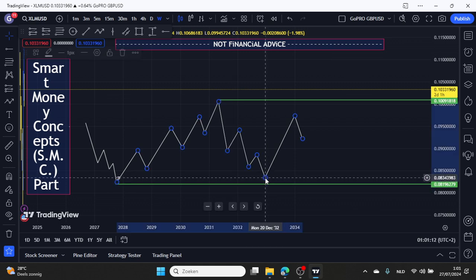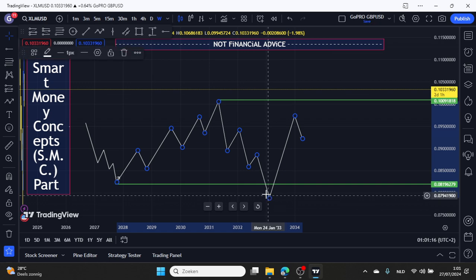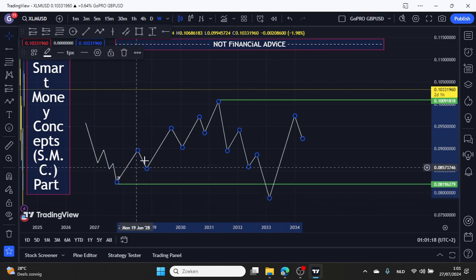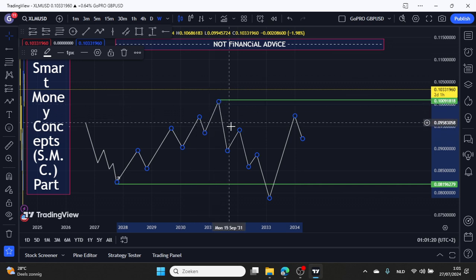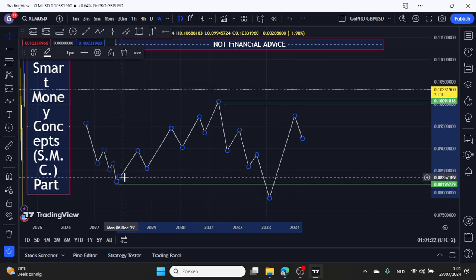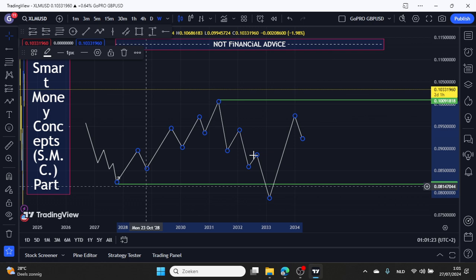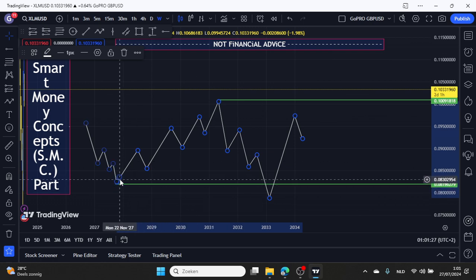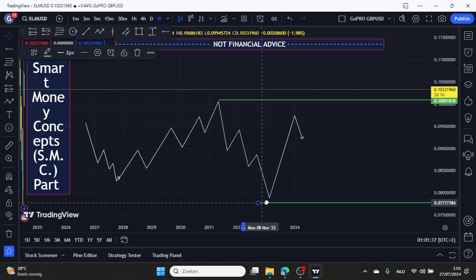Once price breaks below this range, then on a higher time frame we have a market structure shift here because price goes down. Then this is called a weak low, and the range changes.